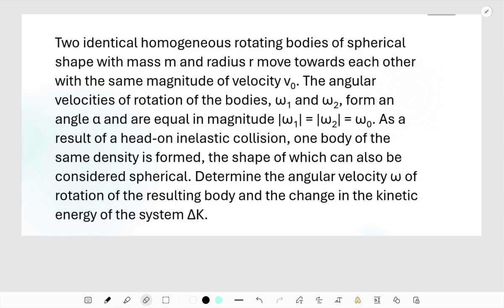We can say that in this problem, two bodies merge to form a third body, and before they merge, they are rotating with an angle between their angular velocities.